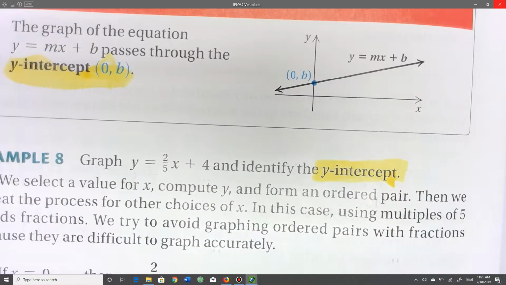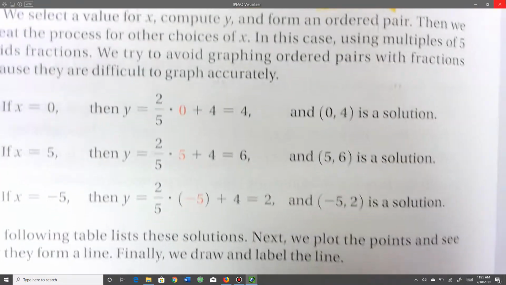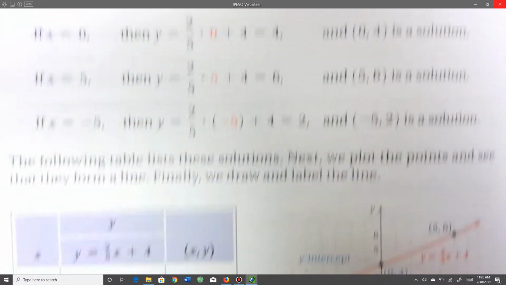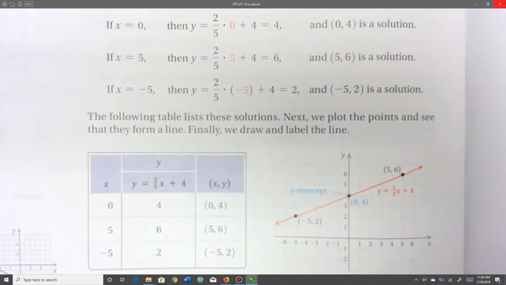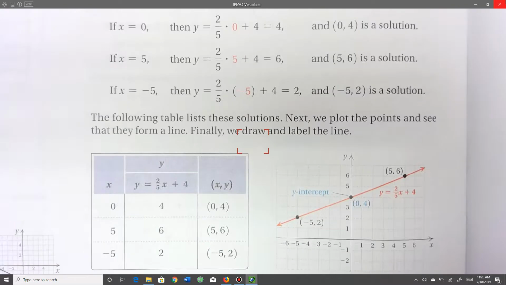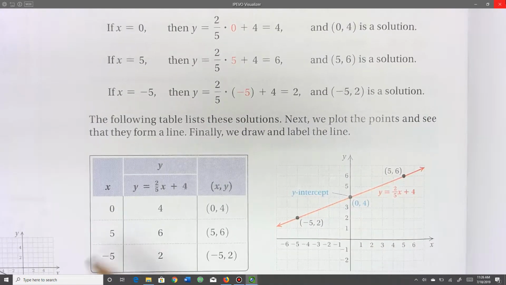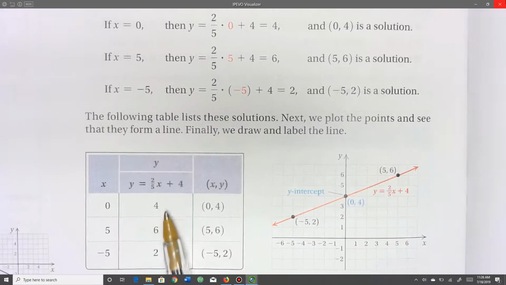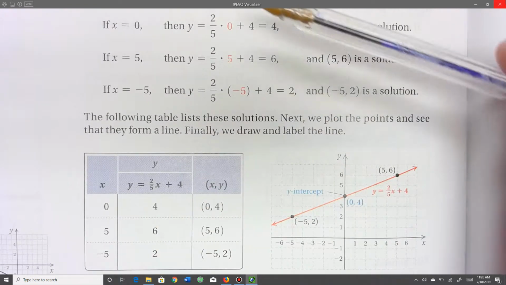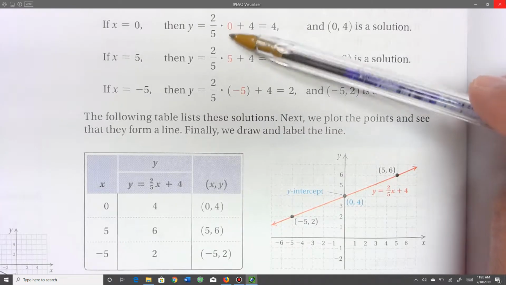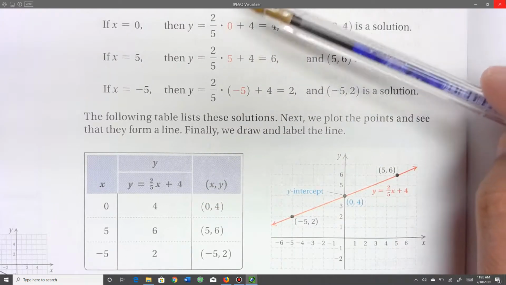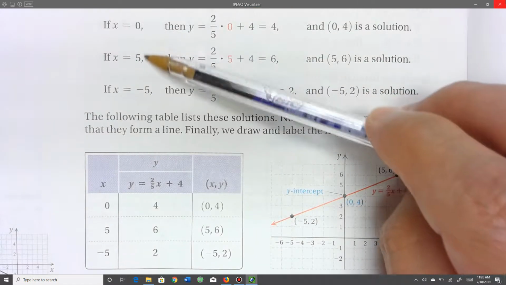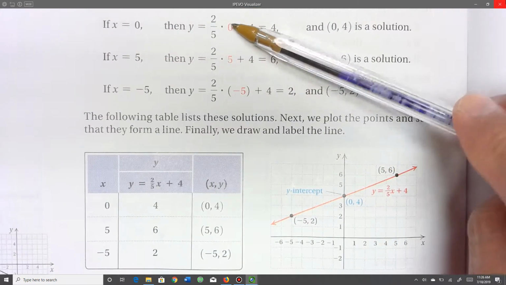Well, in this case, they already have their work there. Let me make it larger here. They chose these values at random and worked the whole thing out. They substituted those values into the equation.